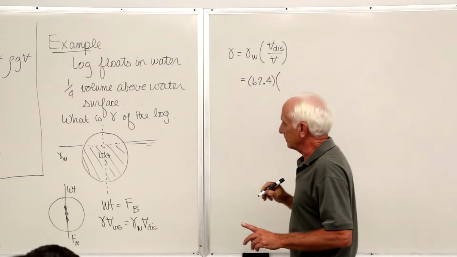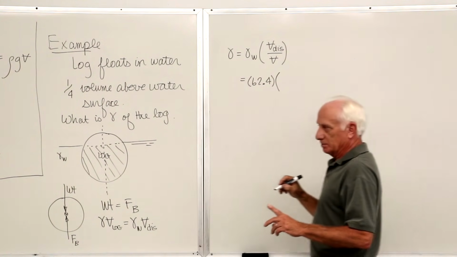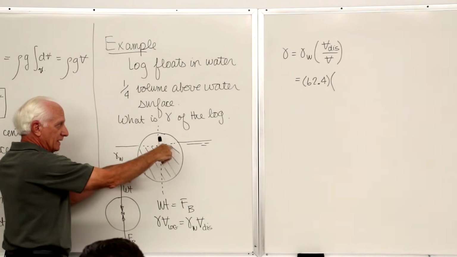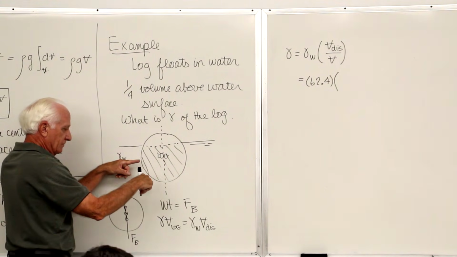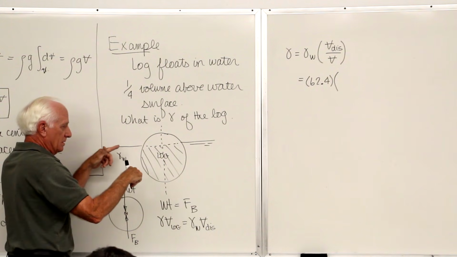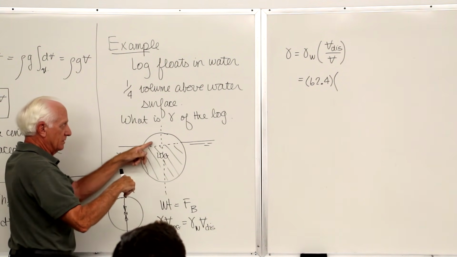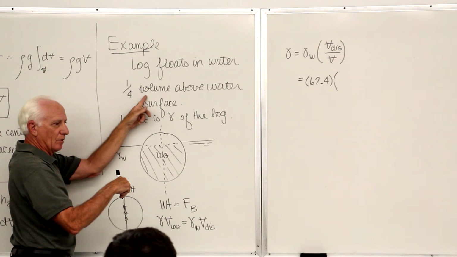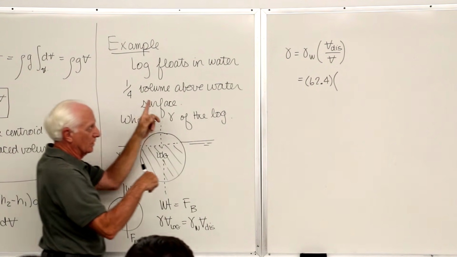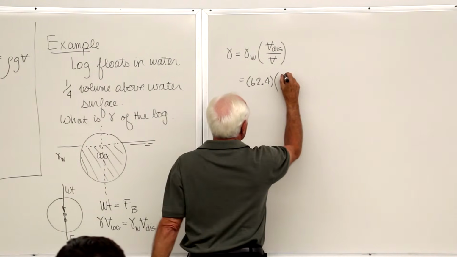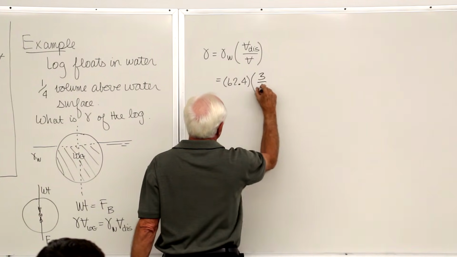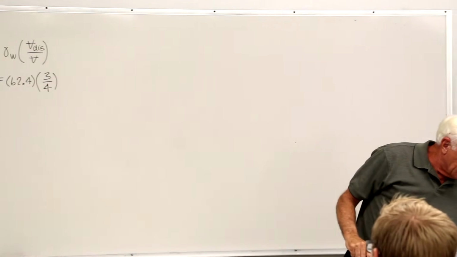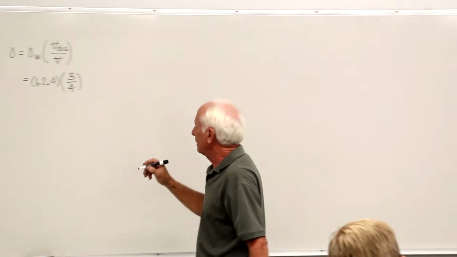Now, you have to be careful, of course. Where's the displaced volume? That's the line volume here. Where's the volume of the log? That's the circle. 1/4 is above water, 3/4 is below water. Displaced volume ratio, 3/4. Gamma then comes out to be 46.8.